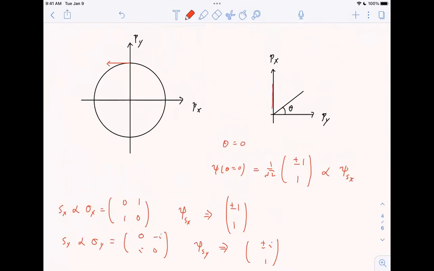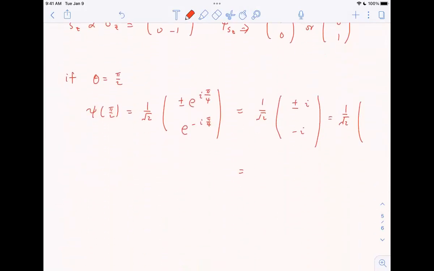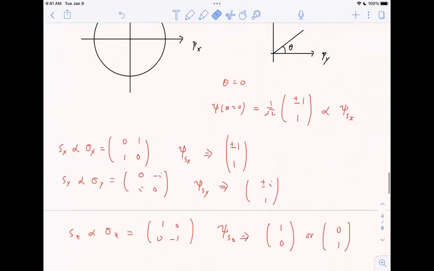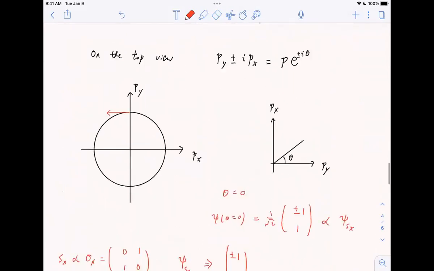But I want it to go along here, so this is pi over 2. Pi over 4 is not. Okay, I see. Sorry. This still works, but let's simplify it. I'm using this part. It will still work, but for simplicity, it's better to use this form.